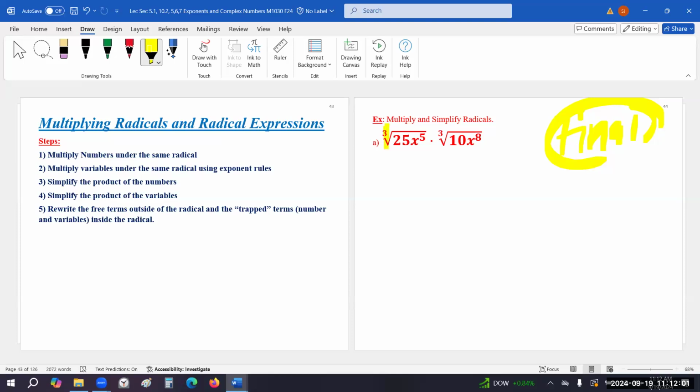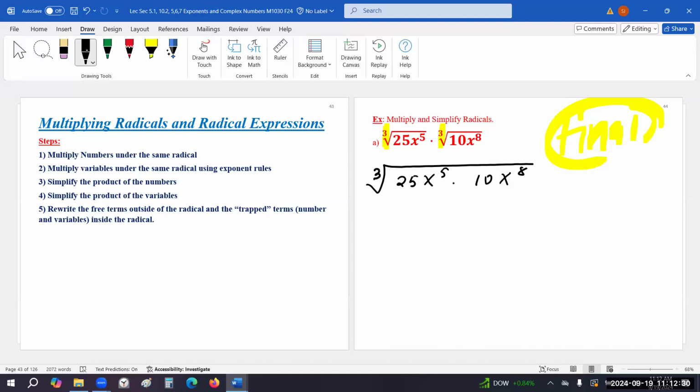So we have cube root, that means they have the same radical. Since they have the same radical, we can actually combine all of them together under one radical. We have 25x to the 5, 10x to the 8. But then we observe that we have a mix of number and variable.